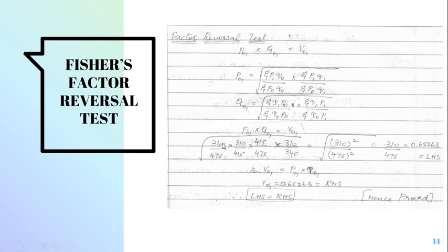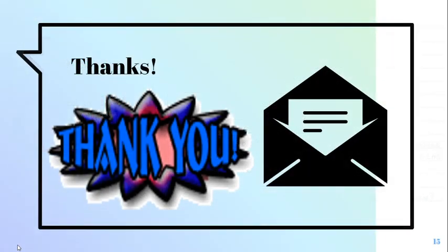So as per the factor reversal test, root of 340 by 475 into 310 by 415 into 415 by 475 into 310 by 340 is equal to root of 310 squared by 475 squared, which is nothing but 310 by 475, that is 0.6526, which is the left hand side, and the right hand side is V01, which also comes to 0.6526. So the left hand side is equal to the right hand side, and hence the factor reversal test is also proved using Fisher's ideal index number.